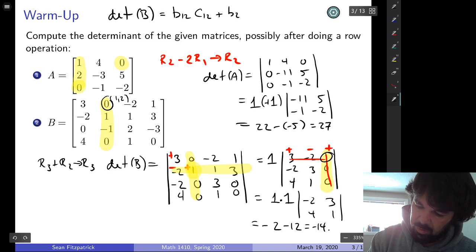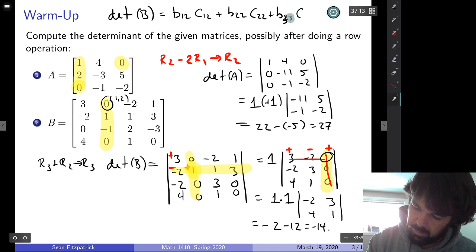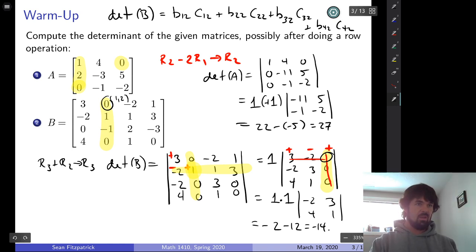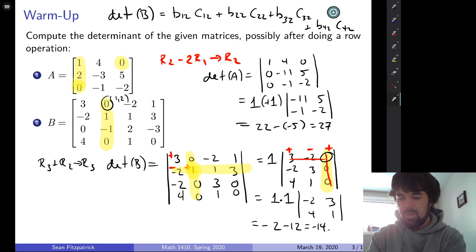And then I do B22 times C22. And I do B32, because we're going down the column. So the row increases. We're now row 3, still column 2, C32, and then finally B42, C42, right? So technically there are 4 cofactors there that you have to compute.